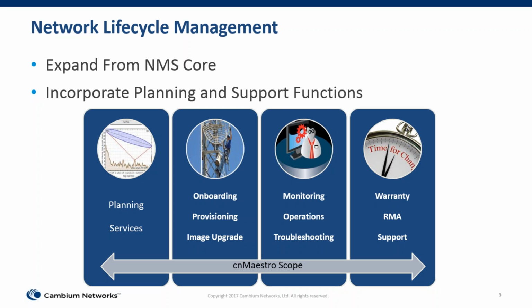If you have support issues, you can use cnMaestro to easily connect with our customer support team and let them get access to the network. For RMA or warranty, cnMaestro will also help you monitor how many of your existing devices will be out of warranty.